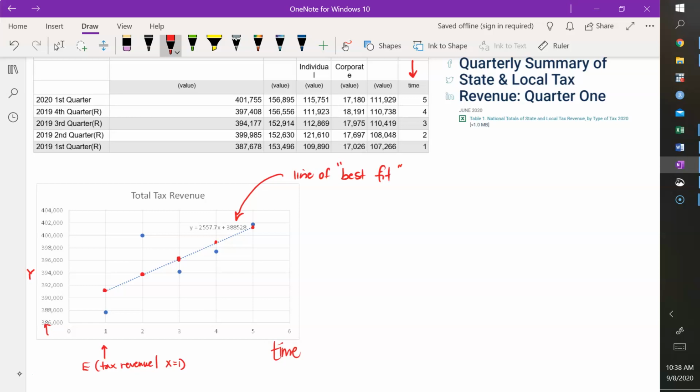This one is on the line, so this is the expected value of Y. This would be the expected tax revenue given that we're in time period 2, and so on. So when we worked on those conditional probability distribution functions, we worked on that to directly connect it to this idea that we want to know what would be the best guess for Y given what's going on with X. So why is that the best guess?